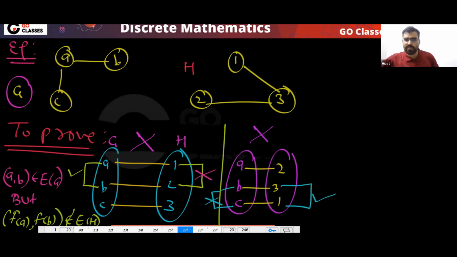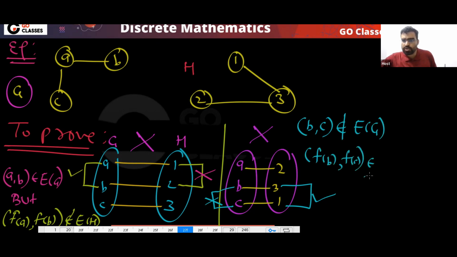So this bijection will also not work because it is not preserving edges. You can notice B, C does not belong to E of G, but F of B, F of C belongs to E of H.